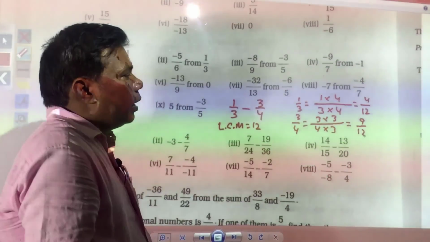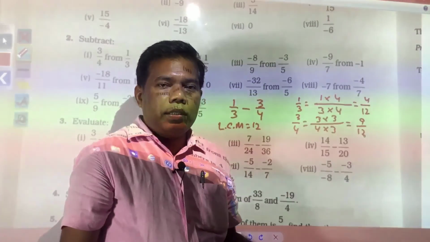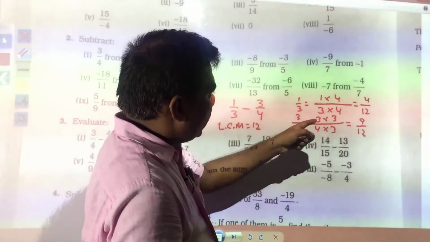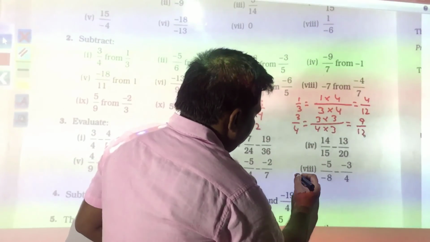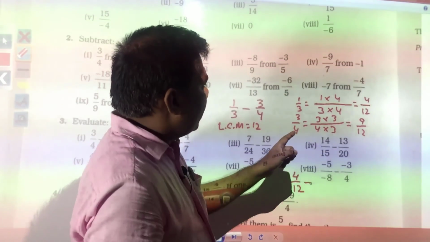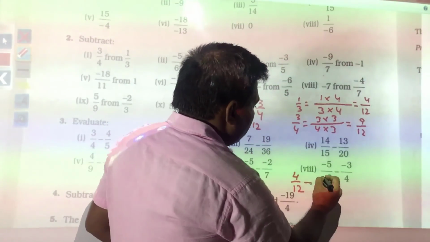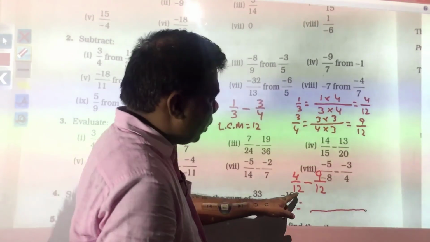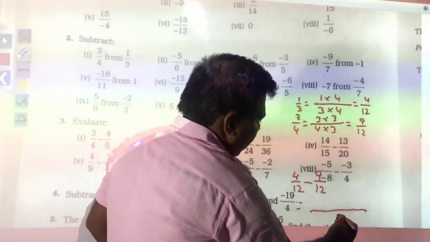Now, you have equal denominators, and in place of 1 by 3 you write 4 by 12 minus 9 by 12. Now, your denominators are equal, so you write 12 over here.